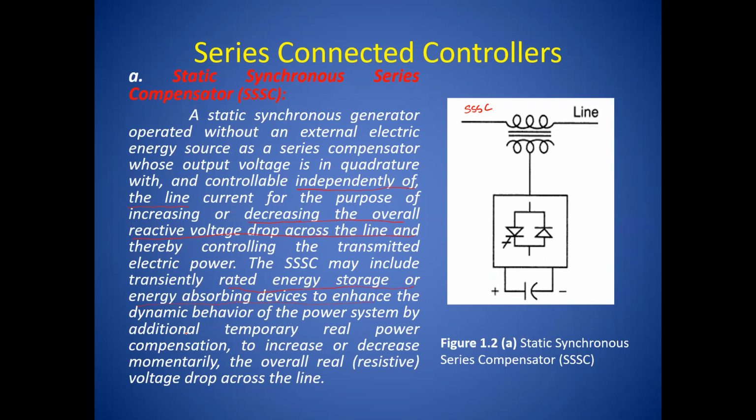There is a transient, and after the transient there is a brief period. The system is going to settle to a new equilibrium position, and during that brief period there is more oscillation. To avoid this oscillation, we can use some storage system in conjunction with the voltage source converter or series converter.